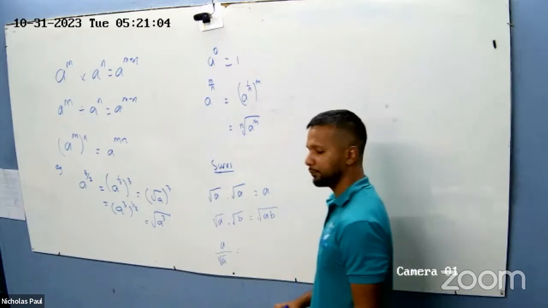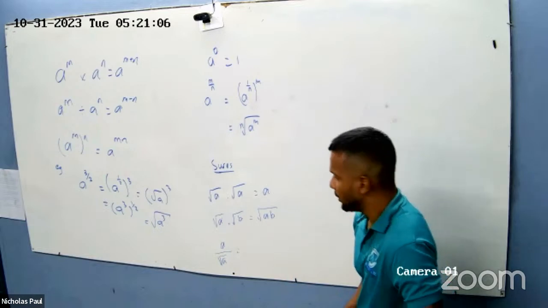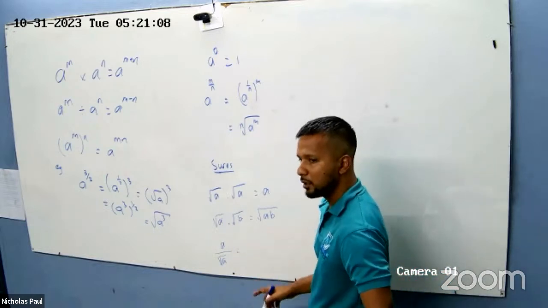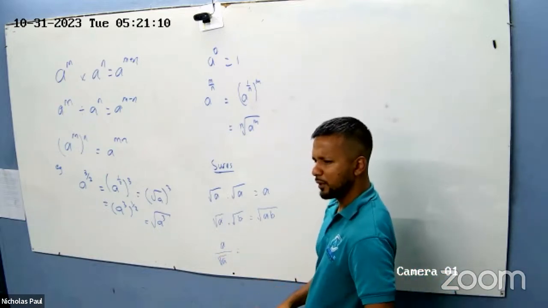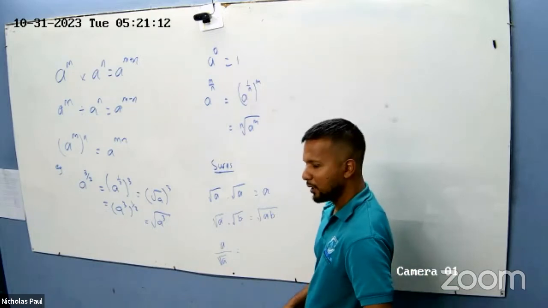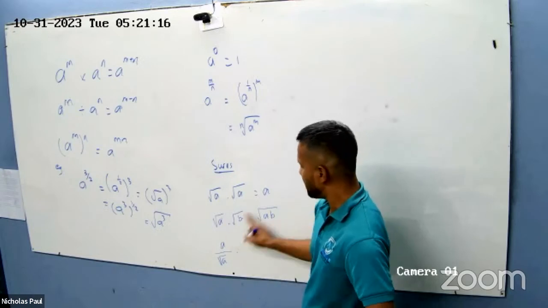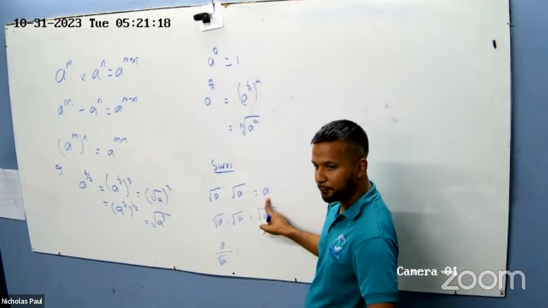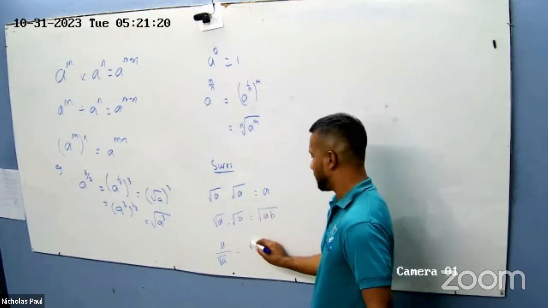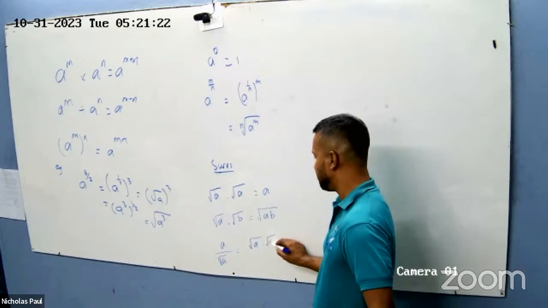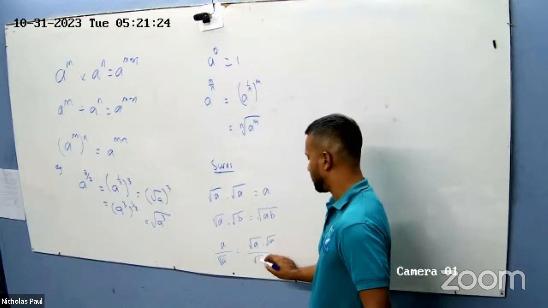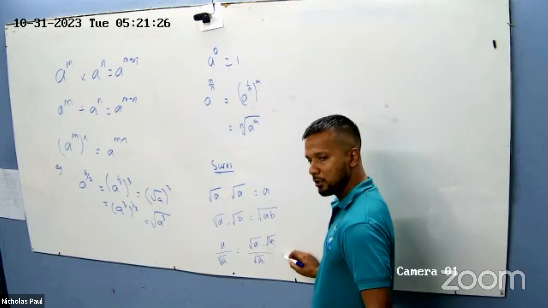What will you get? Let's simplify even easier. A is root a by root a, all over root a. So the answer is root a.